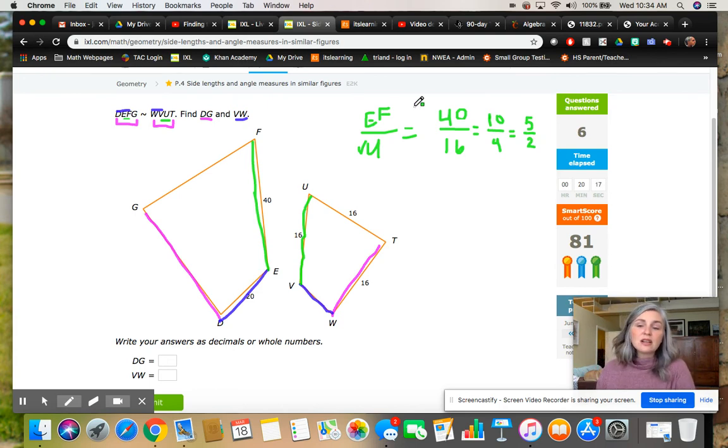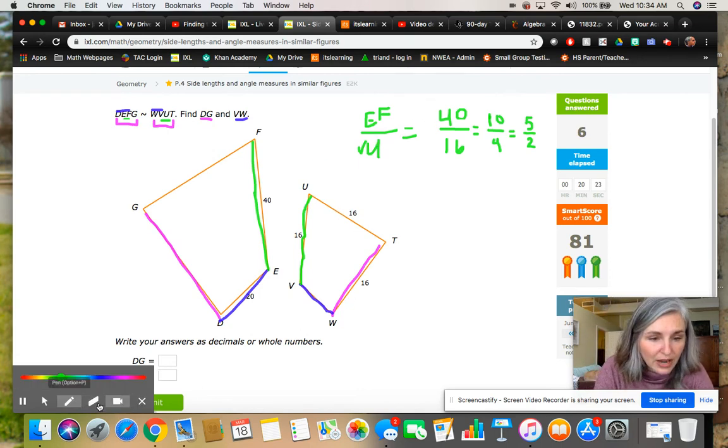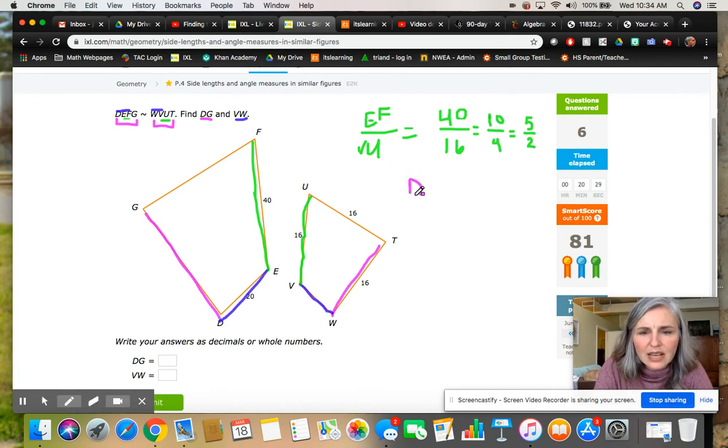And so now it's not as easy as I can just multiply by 8 or divide by 8 or whatever. I actually need to set up my proportions to solve, okay? So let's start with DG, which I was working in purple. If I want to solve for DG, notice that I started this with EF, so I'm always going to be starting with this figure, okay?